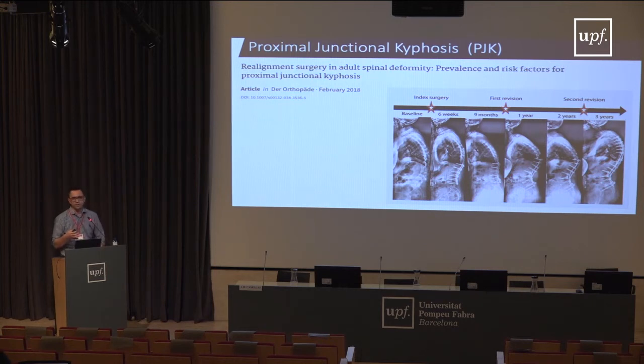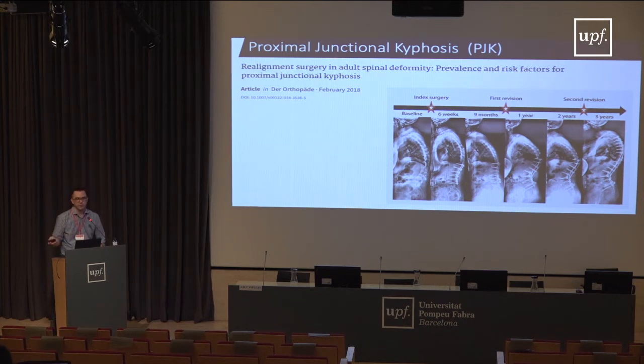And this is quite common. And unfortunately, it means a real problem, especially in long fusion. Here you can see the cascade of the PJKs, the subsequent PJKs, finally resulting in a very long construct from the ilium to T2 or 3.